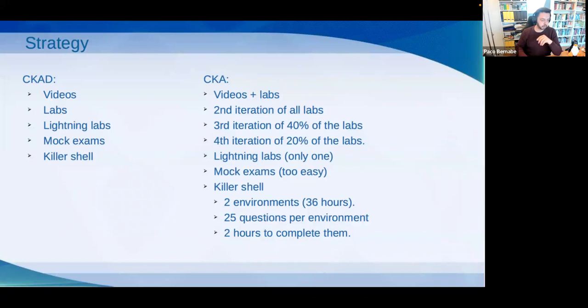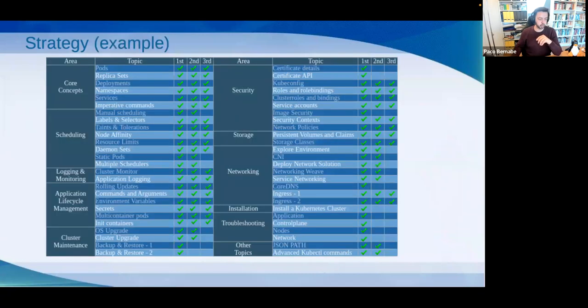And let me show you a table that I used for the preparation of the CKA. As you can see, you see the area, the topic, and the number of iterations. Those 3 iterations are for only the labs. So there was a previous iteration for videos plus lab. These iterations are only for labs.